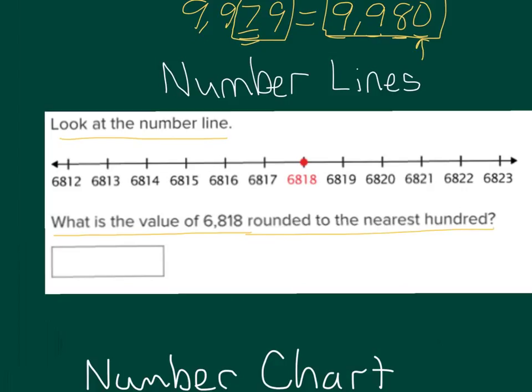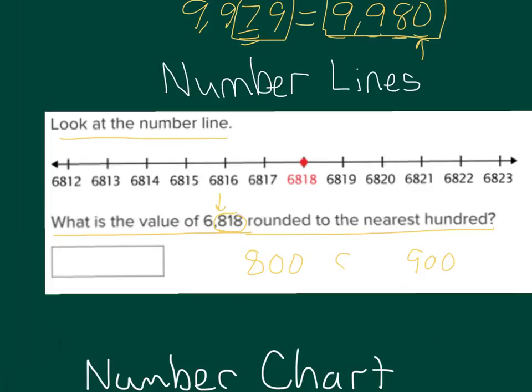Find the hundreds place. I like drawing an arrow. Some people underline. The 8 is in the hundreds place. That means our benchmark numbers are 800 and 900 because 818 is more than 800 and less than 900.